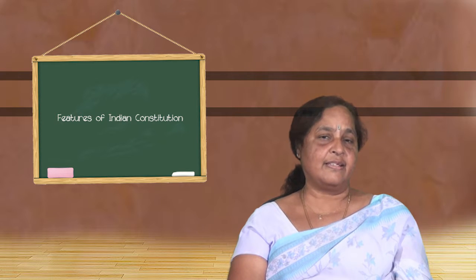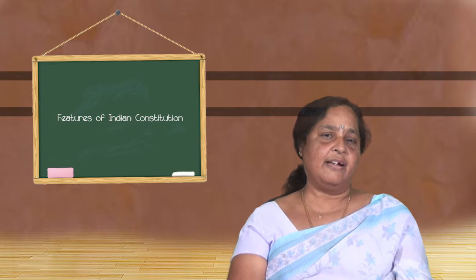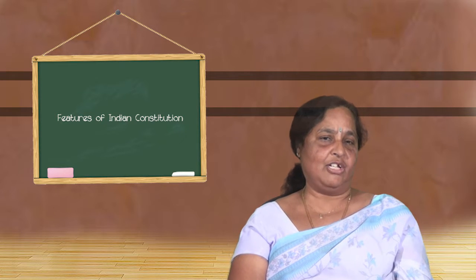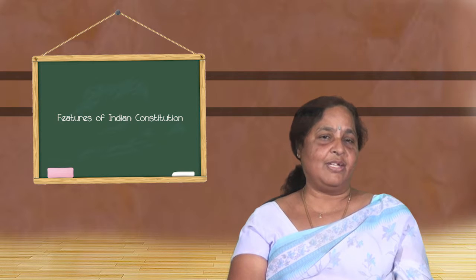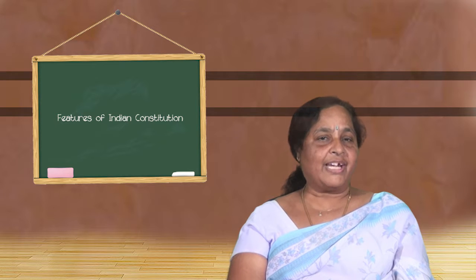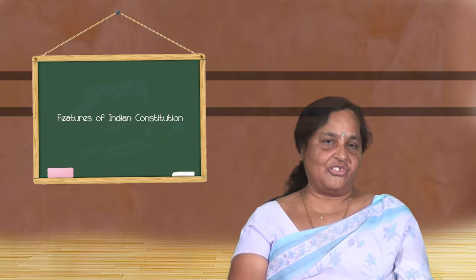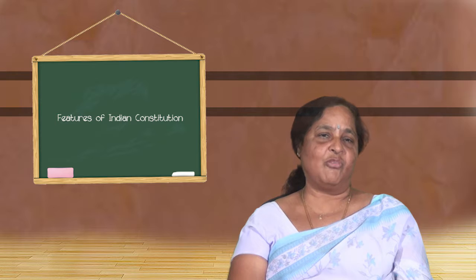That is, the cabinet ministers are held responsible individually and collectively to the legislature, and the legislature has the supreme power to vacate the seat of the ministers. That is the theme of the parliamentary form of government.